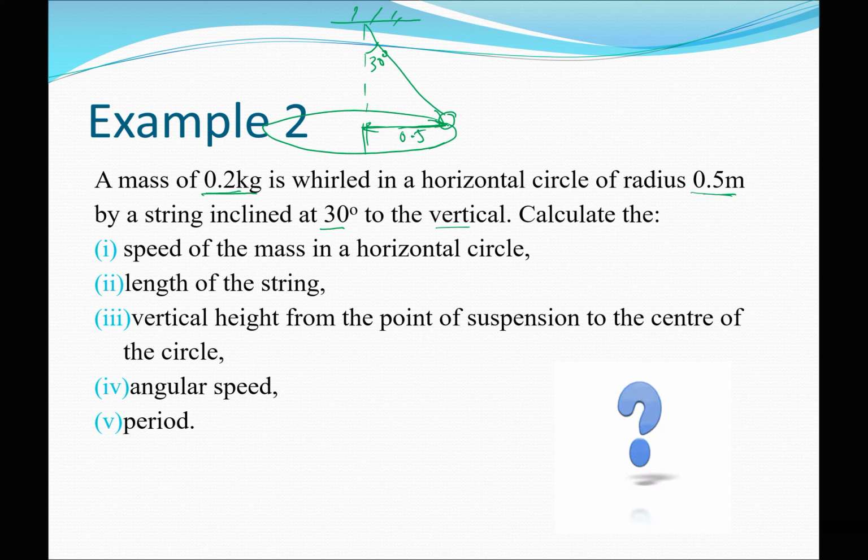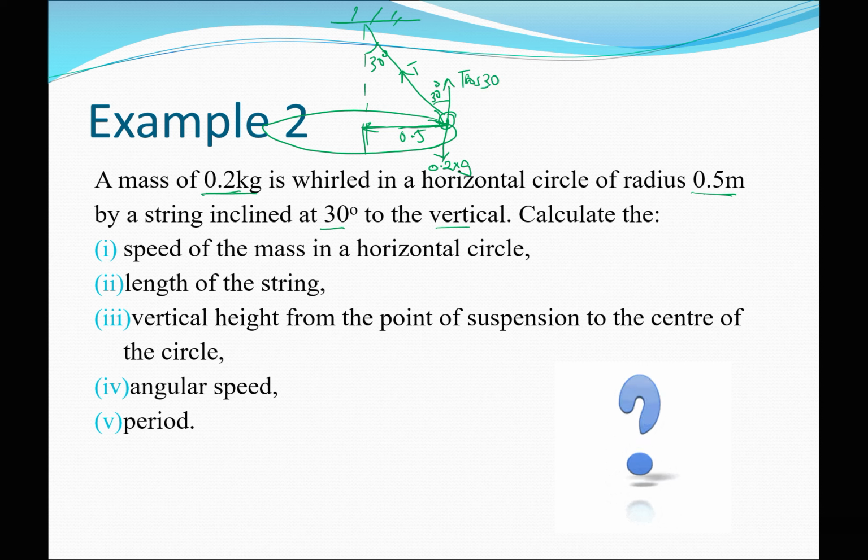So the forces acting, there is the weight downwards, which is going to be 0.2 times g. Then there is tension upwards, which I'll call T. We resolve using this angle of 30 degrees. So this is going to be T cos of 30.